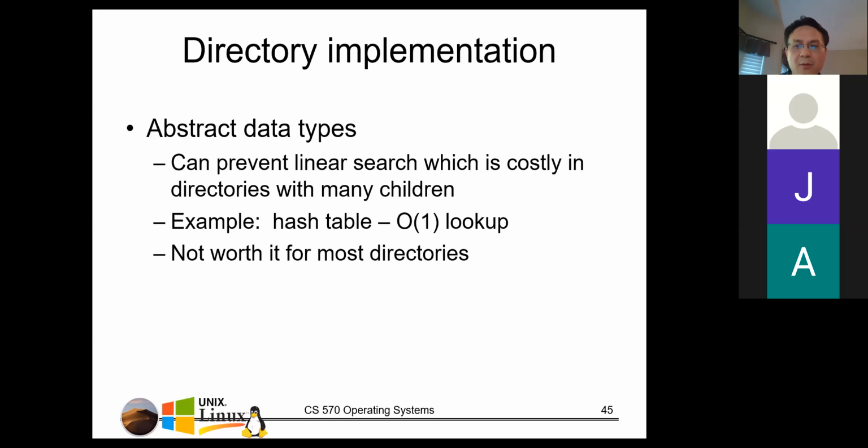Some operating systems like Windows let you index the files so your search of the files can be quicker. When you do indexing, what kind of data structure normally comes to your mind?